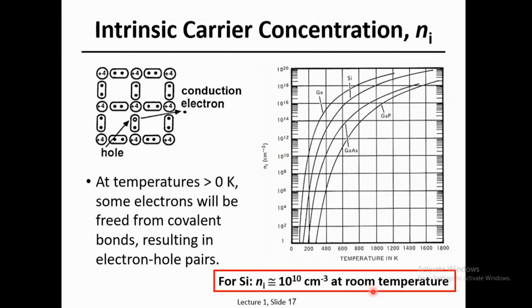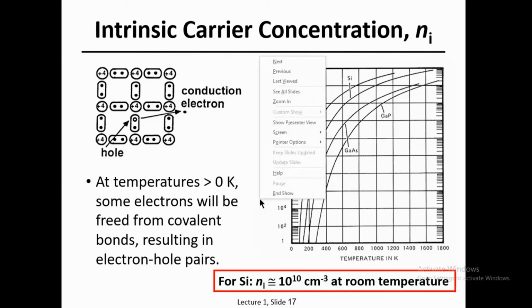So it's fixed at room temperature, we can take it as 10 to the 10 per cubic centimeter. But if we have a different temperature, then we have to calculate the concentration of electrons for silicon.